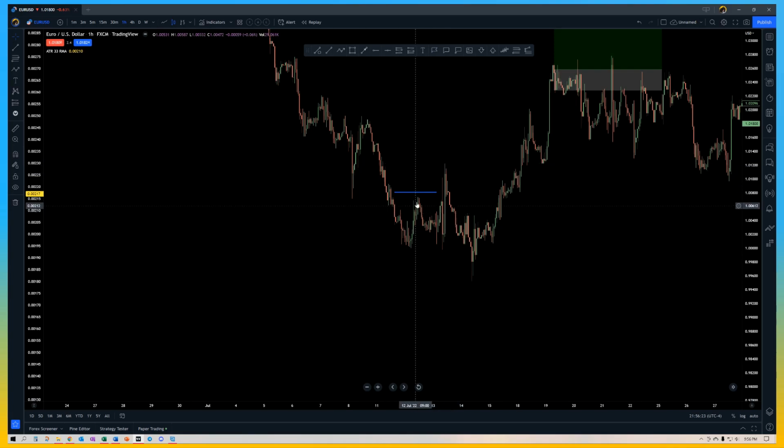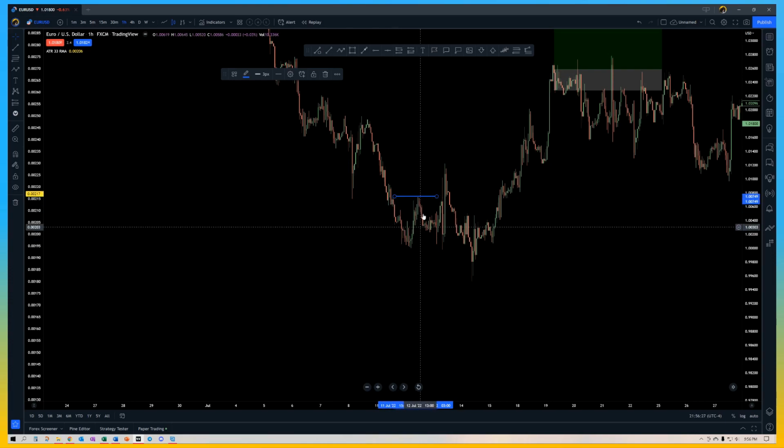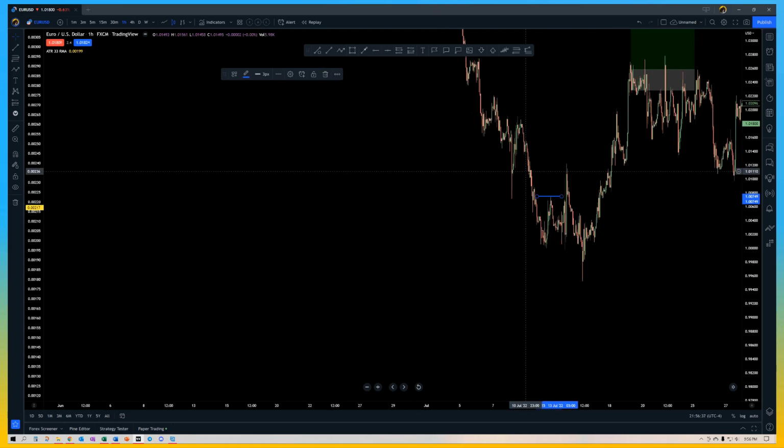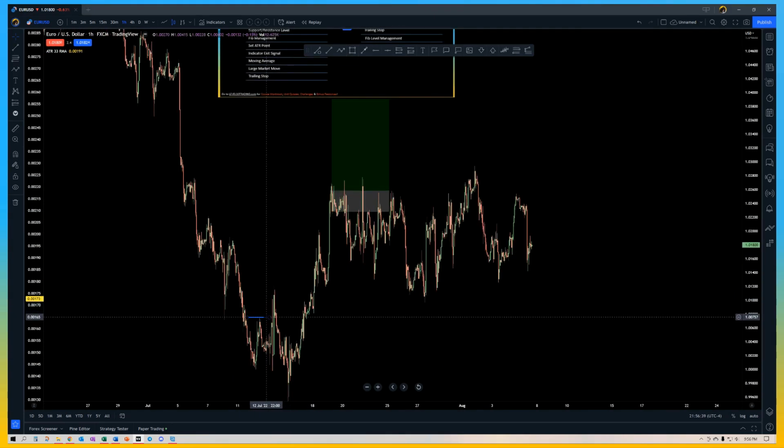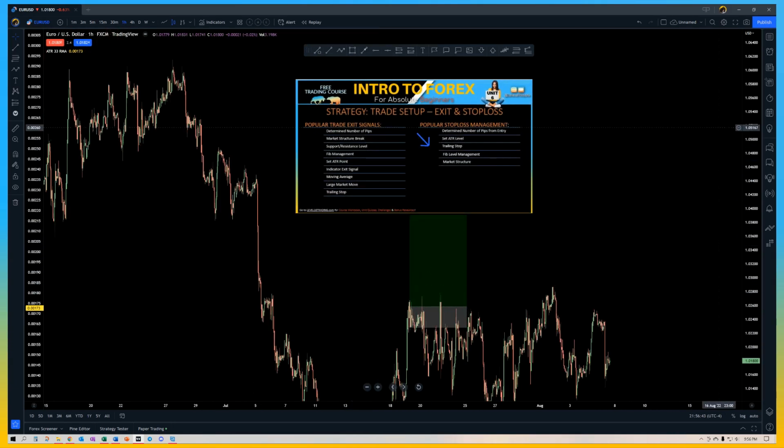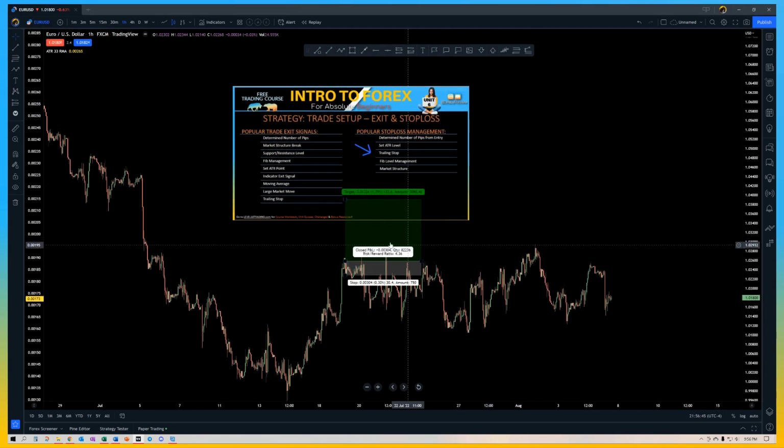If your stop loss was right here at structure, then as soon as it retraced right here, your trade would have gotten stopped out if your exit signal didn't already close your trade. So again, that one wasn't so different. We've covered that in a couple of ways, and I think I even cover that pretty well in the stop loss section in this unit.